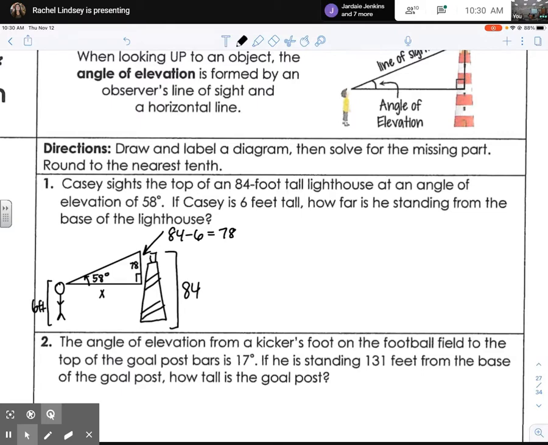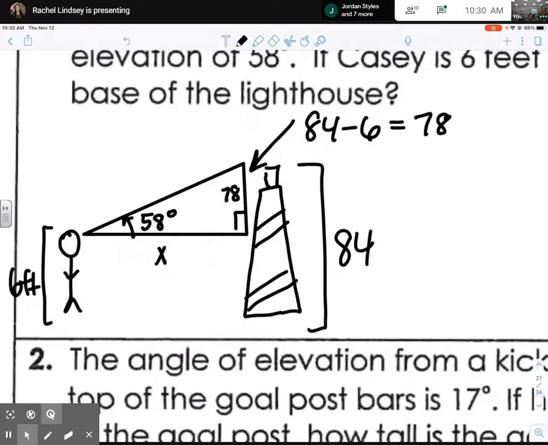I know it's inside, but I don't have room outside to draw it. So there's my picture right now. Basically, now that I did all that extra stuff, this is all I really need.